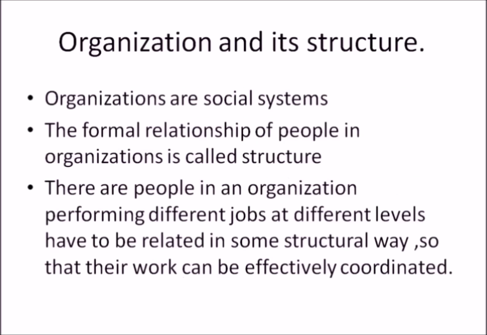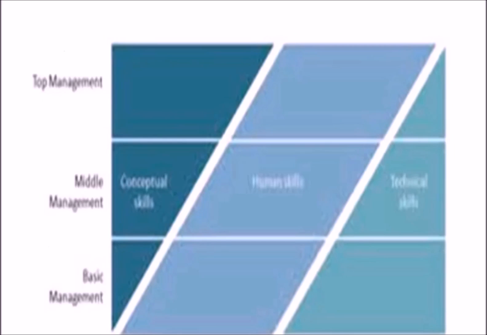Now it is said that in the organization, at the lower level, the technical skills are more required, conceptual are less, but the human skills are equally important at the lower and the higher level.